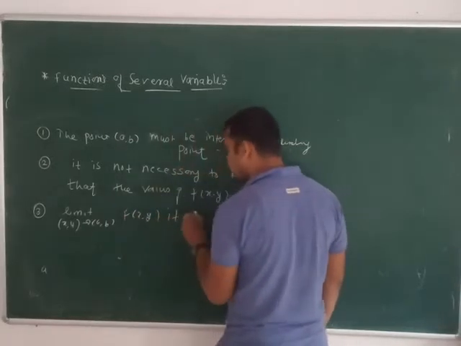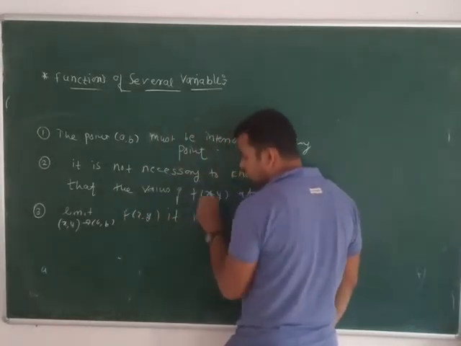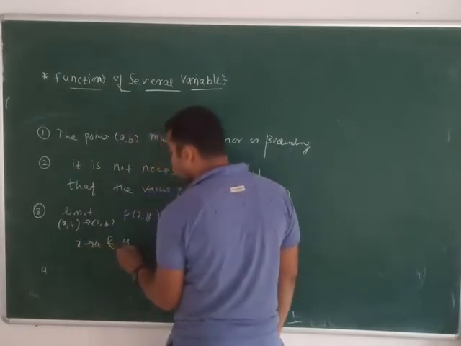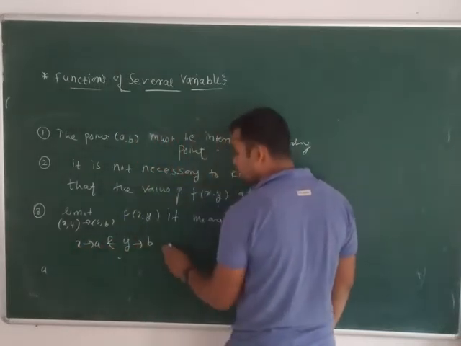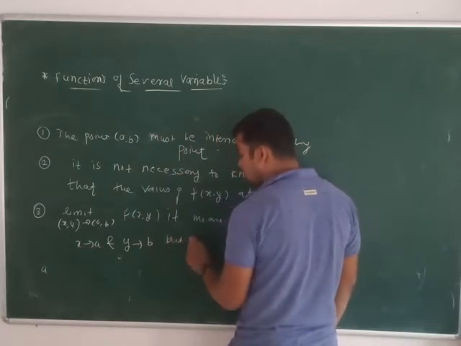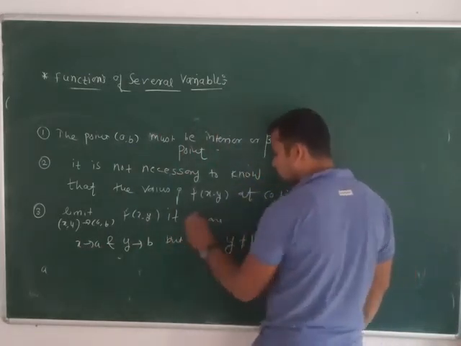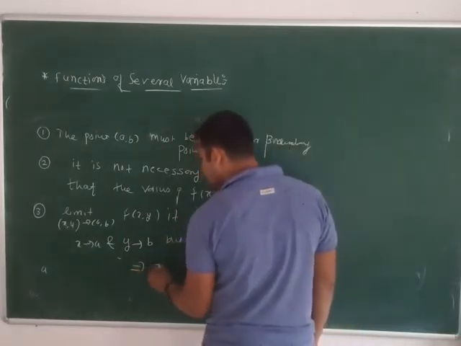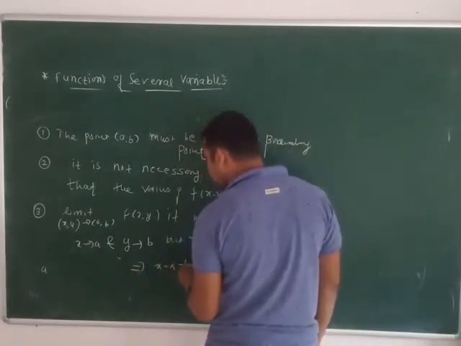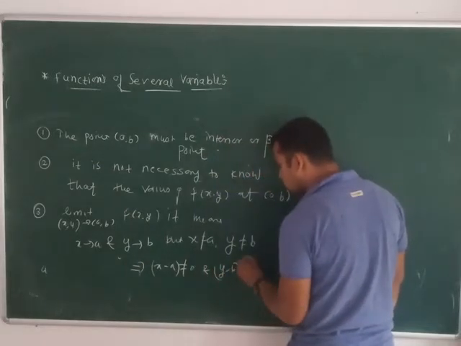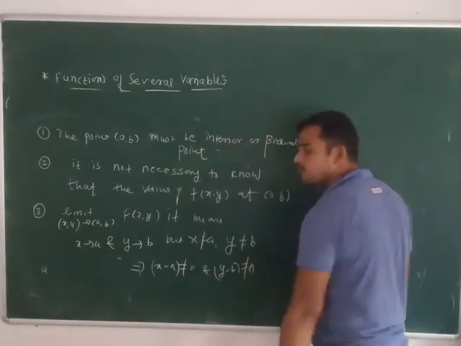What does it mean? It means that x tends to a and y tends to b, but x is not equal to a and y is not equal to b. That is, x minus a is not equal to 0 and y minus b is also not equal to 0.